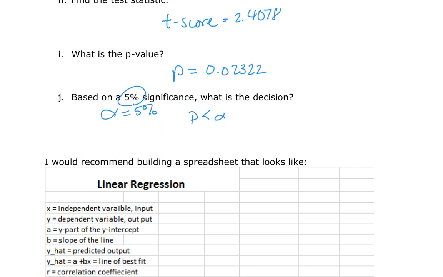And so I would say there is significant evidence to conclude there is a significant linear relationship between the percent of Americans living at or below poverty line and cellular usage per capita, because the correlation coefficient is significantly different from 0.